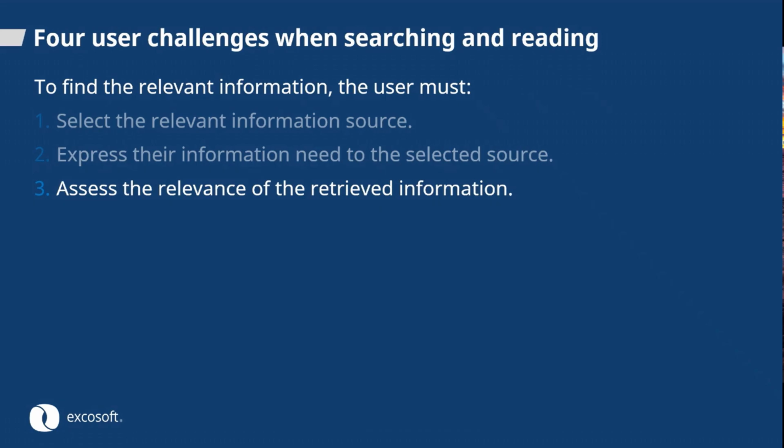Let's say that the user could express their information need as a prompt or as keywords. There's something returned, search results, a page they have found, or a generative answer. Then, of course, they have to do assessment. Is this really relevant? Is this hallucination, or is this applying to something else?